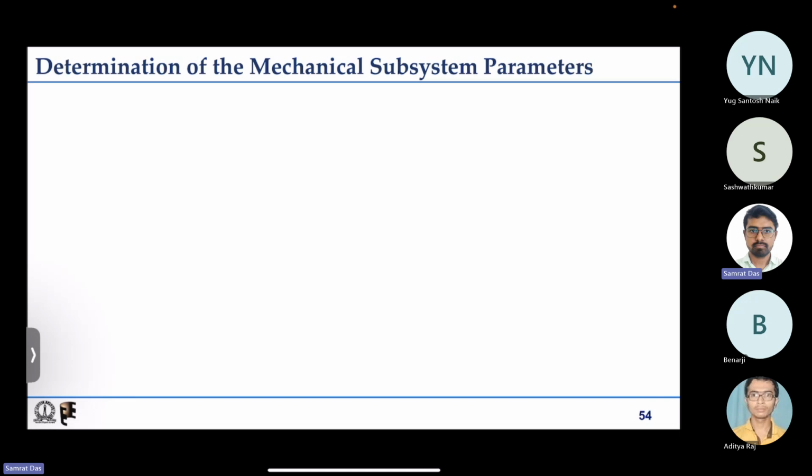Now let us discuss the mechanical system parameters, that is, we need to know what is the J value, what is the moment of inertia, and what is the B, what is the frictional coefficient. Now to do that, you still have the motor.